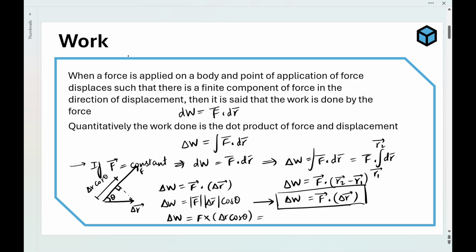So the work done is also equal to force into the component of displacement along the force, meaning in the direction of the force vector.